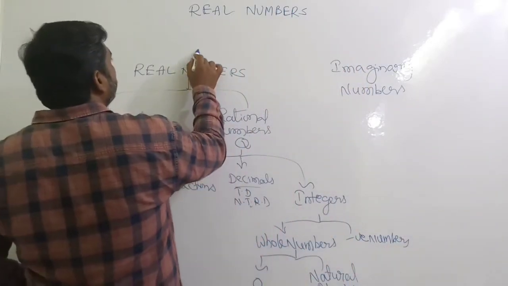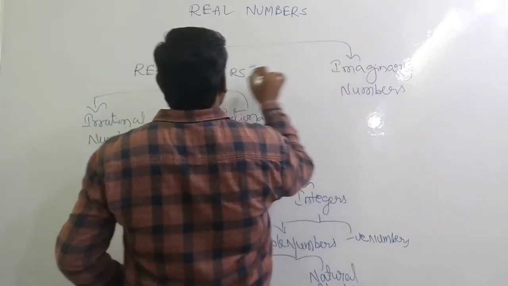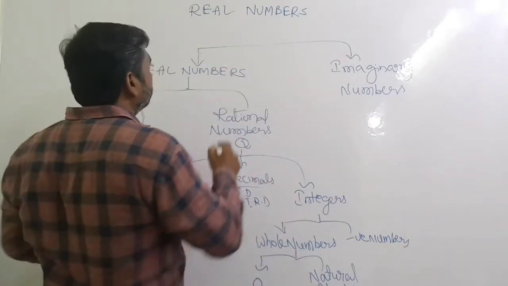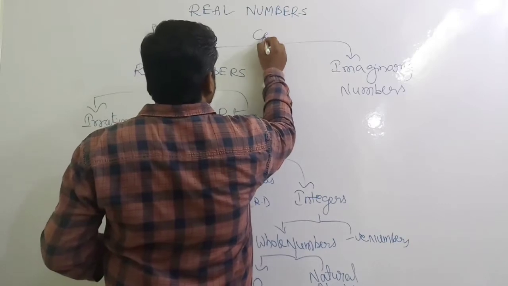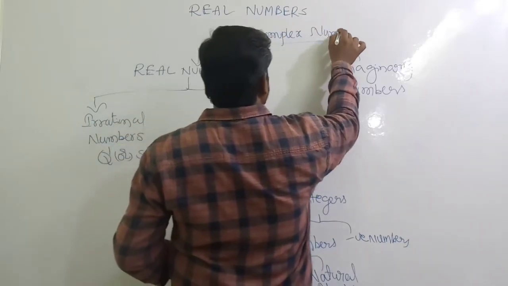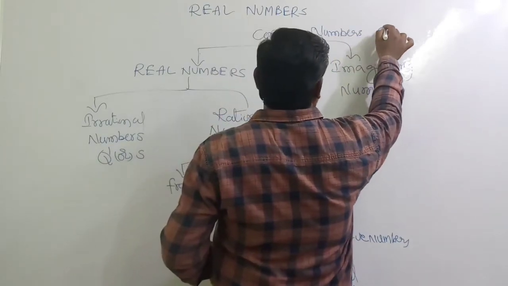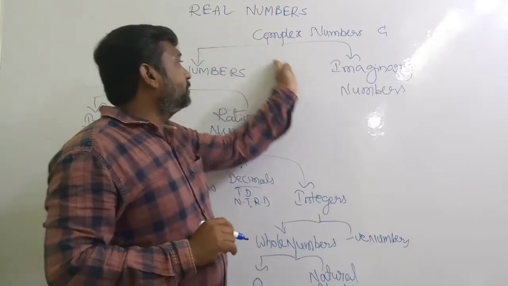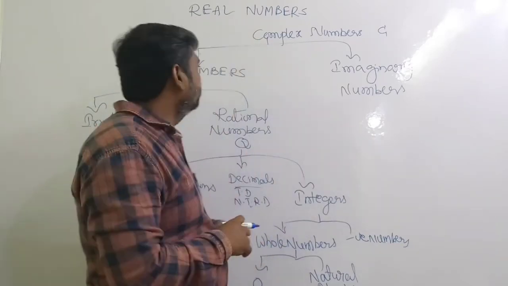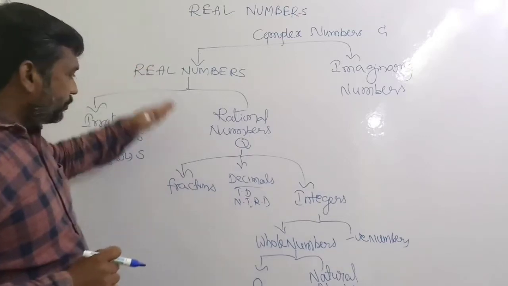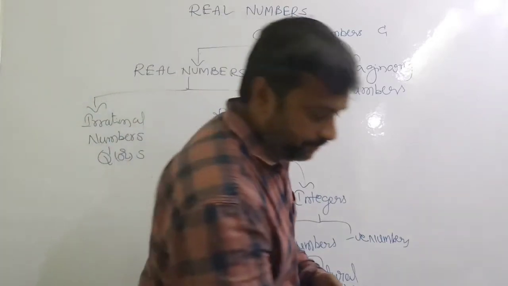When you combine imaginary numbers and real numbers, you get the set of complex numbers, denoted by capital C. This part is beyond the scope of our textbook, so we are learning it just for information. So this is the flowchart of real numbers.